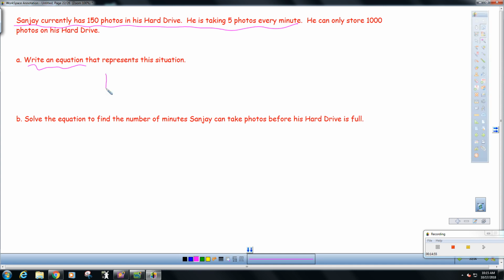Well, the total photos is equal to, well, how many photos did he start with? And how many is he taking per minute? Now, could you have had this? Most def. Same thing. We can add things in any order in math.